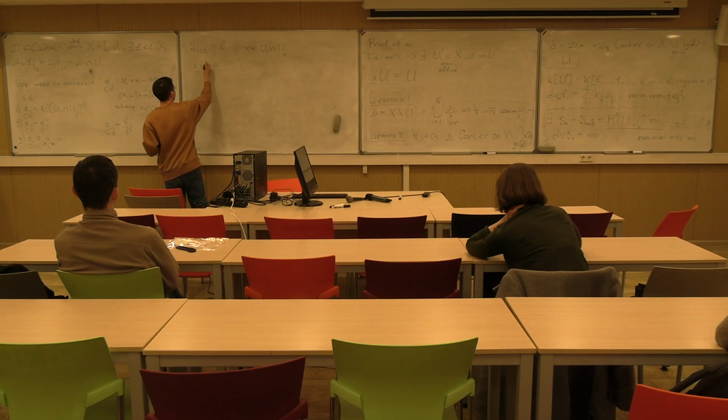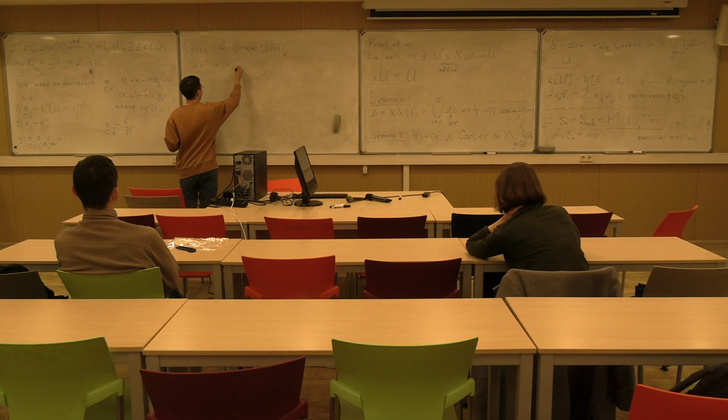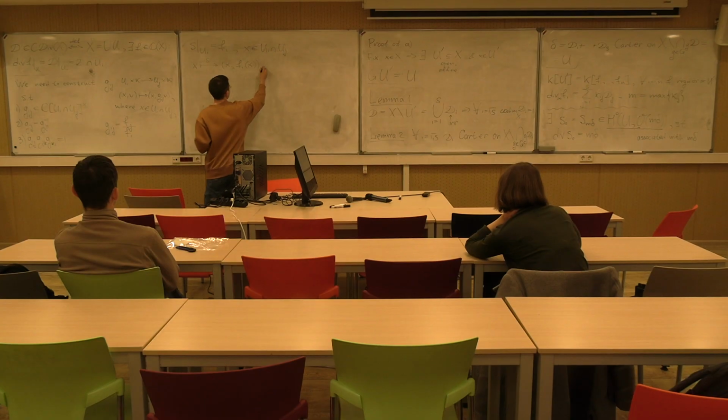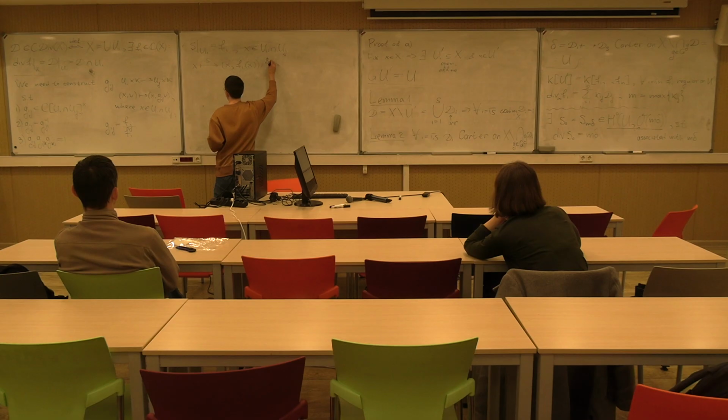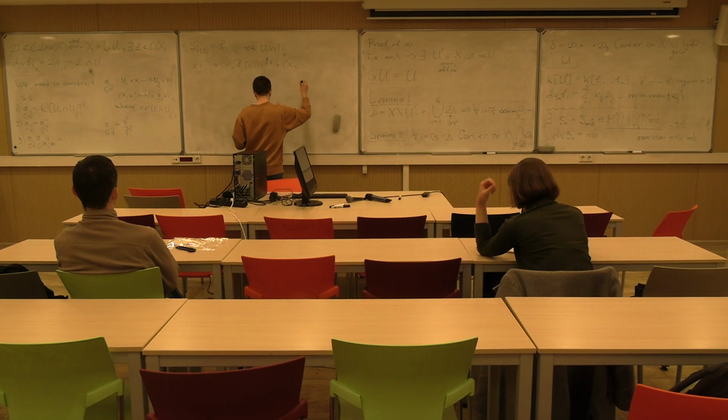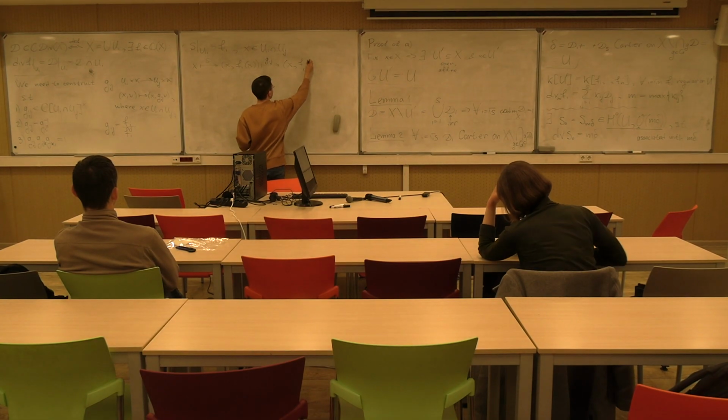X goes under S to this pair X, f_i(X), and if you act by this function g_ij, then you will get this pair X, f_j(X).